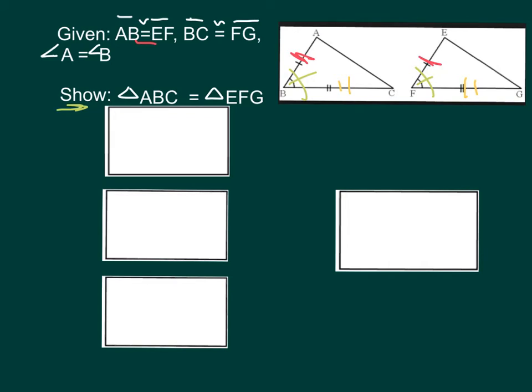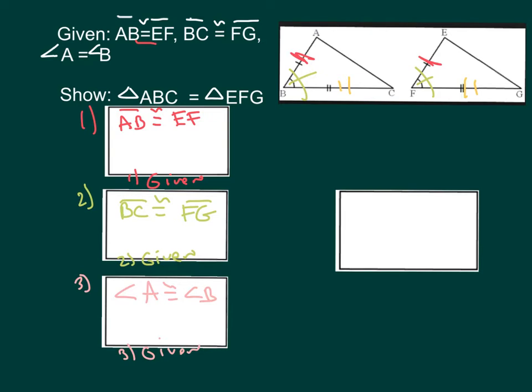In this case, we want to show triangle ABC is congruent to EFG. So by the end of this proof, ABC is congruent to EFG should be in this final box over here. Also, what we see in the first boxes should be our givens. In our first 3 boxes here, this is a very easy proof, we have the 3 givens. So let's fill these out.